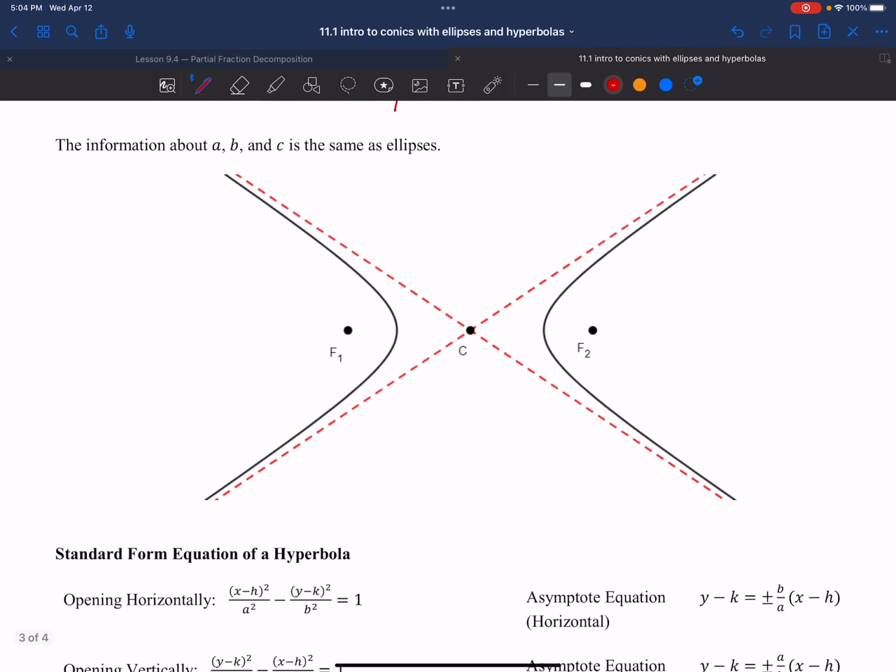Now the definitions or interpretations of a, b, and c are all the same. So this distance from the center to the vertex right here, that's my vertex, right? This distance is a, and then you're going to have a co-vertex out here.